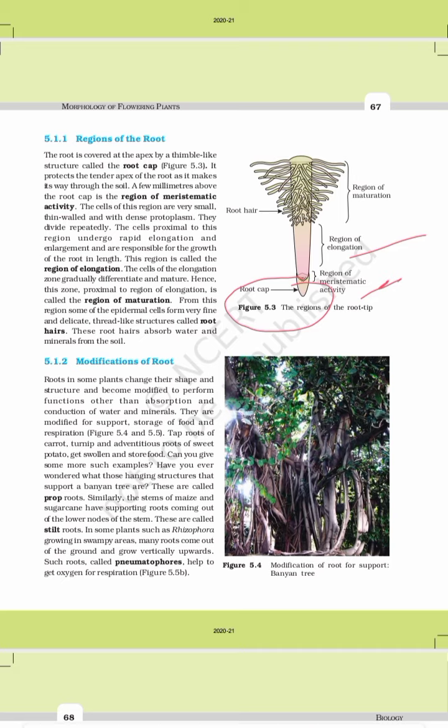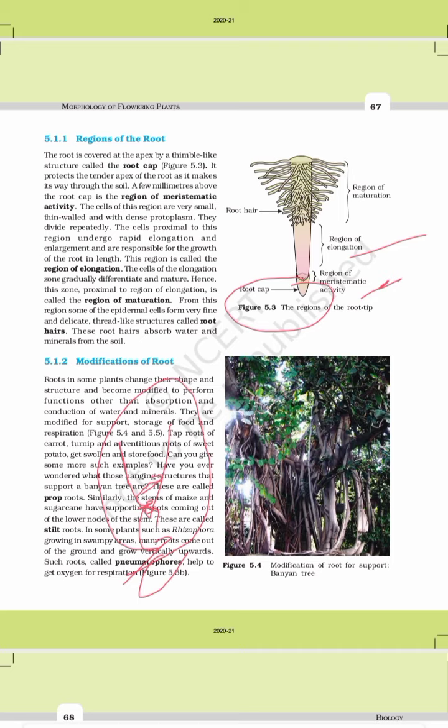So now it goes up and up. For example, if this is root, meristematic grown up, so it added one more tissue, again it added one more tissue, again one more tissue. So at last this becomes big.